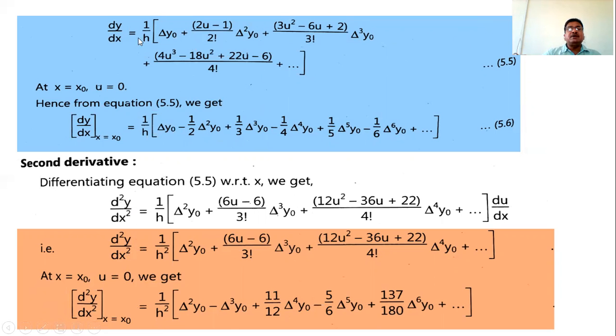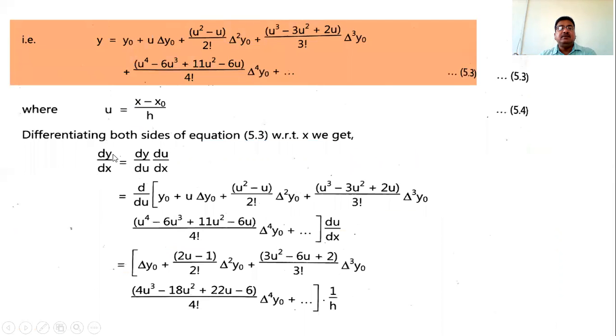Then d square y by dx square is 1 by h, again 1 by h, and the derivative of this quantity with respect to u into du by dx, because this is a function of u and we have to differentiate with respect to x, means multiply by du by dx by chain rule.